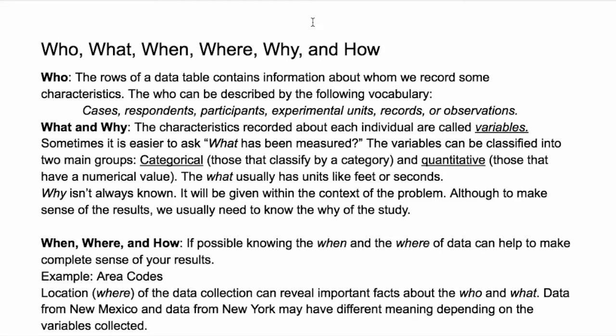Be careful. This is one of those places where you want to be able to classify your what variables. The answer to the what question needs to be classified as a categorical or a quantitative variable. Quantitative values are always going to have units. Categorical variables won't have a unit, but will simply be something that is counted.